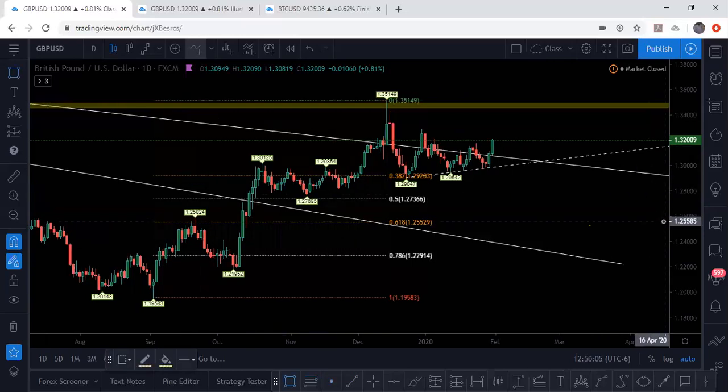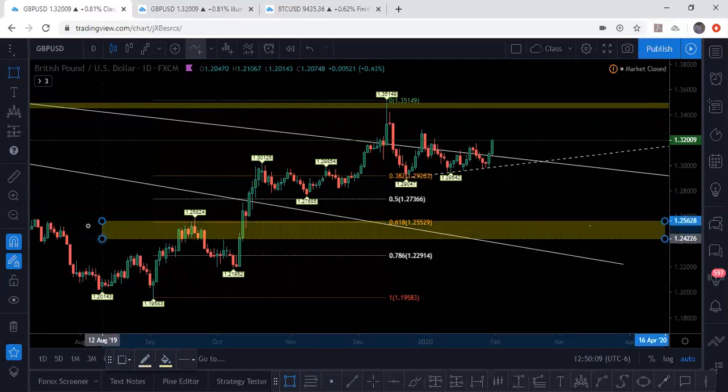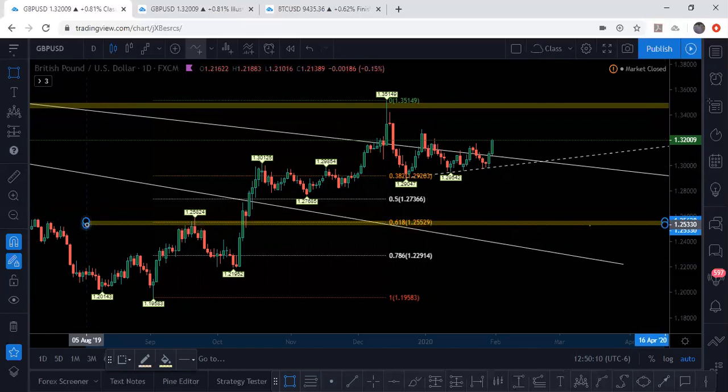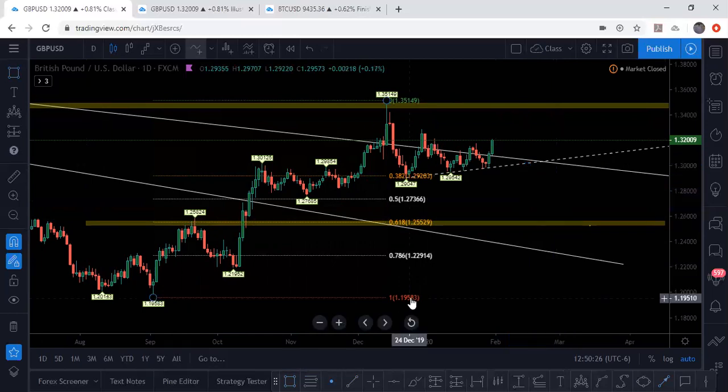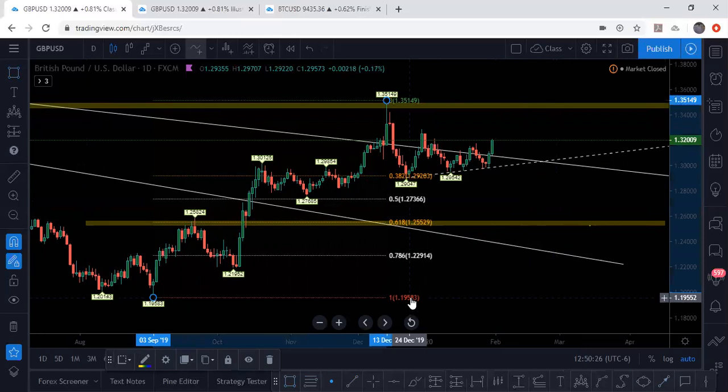I see your messages. I'll be expecting that if it breaks down here, it will come towards my 0.618 zone. Just by Fibonacci. Experience will teach you a few more things to look out for, but by Fibonacci alone.